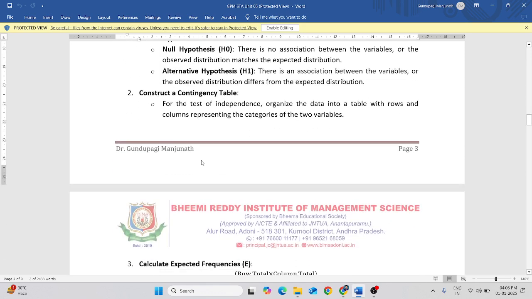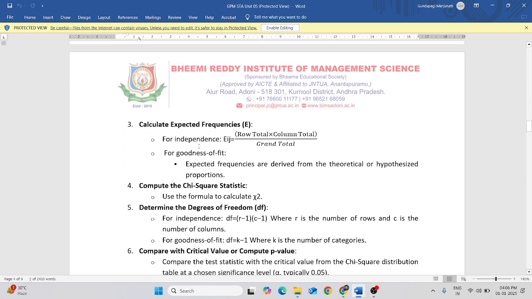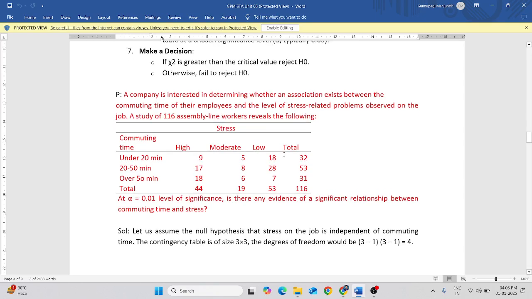So how do we calculate the expected frequencies? Row total into column total divided by the grand total. If we observe in this problem, these are the column totals and these are the row totals.